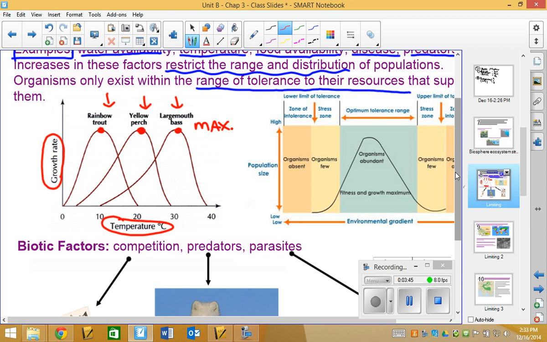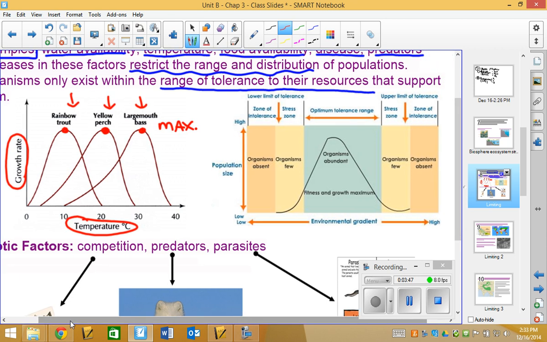Now in the picture that's on the right, this is referred to as the optimum tolerance range. So where that maximum point is, and then a little bit of the graph to the left and to the right of it. So notice we're saying that this whole section here, where it's at its maximum, and then a little bit to either side of it, would represent optimum tolerance.